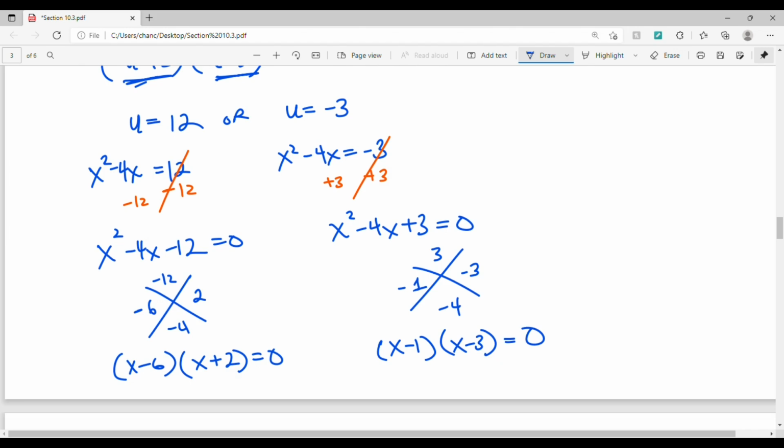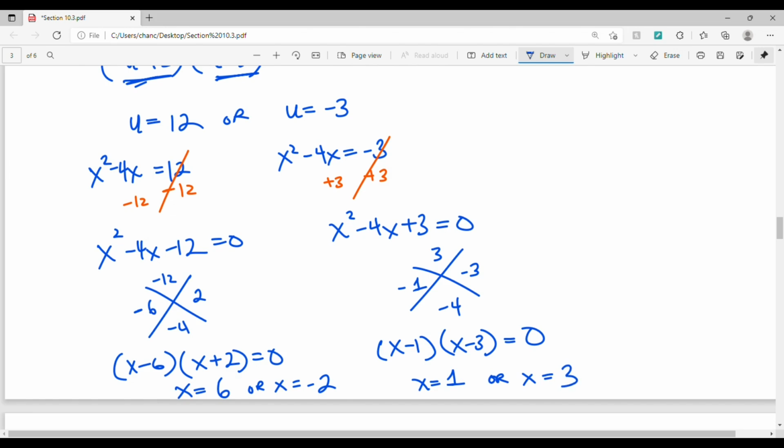So we have 4 solutions. If you set each of these factors equal to 0, I would get x equals 6 or x equals negative 2. That's the first 2 solutions. And for this one, if you set each of these factors equal to 0, you would get x equals 1 or x equals 3.